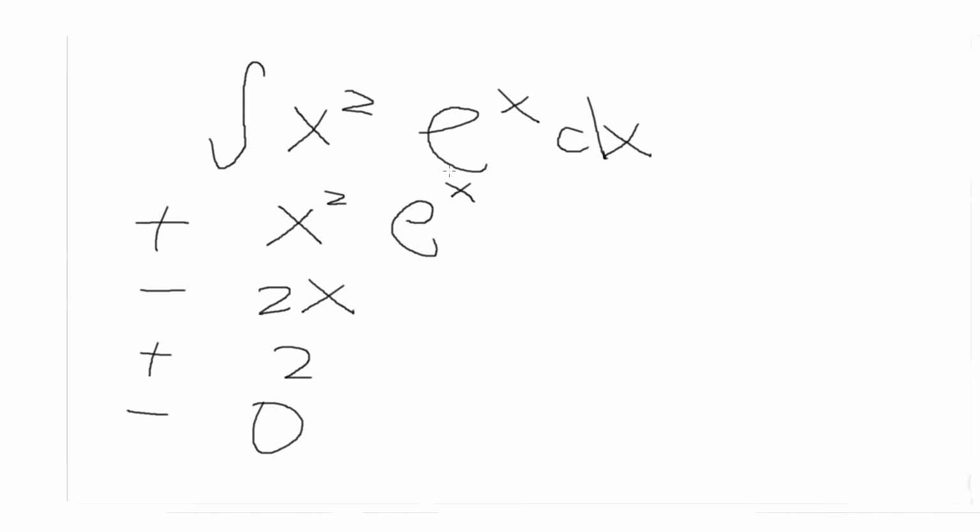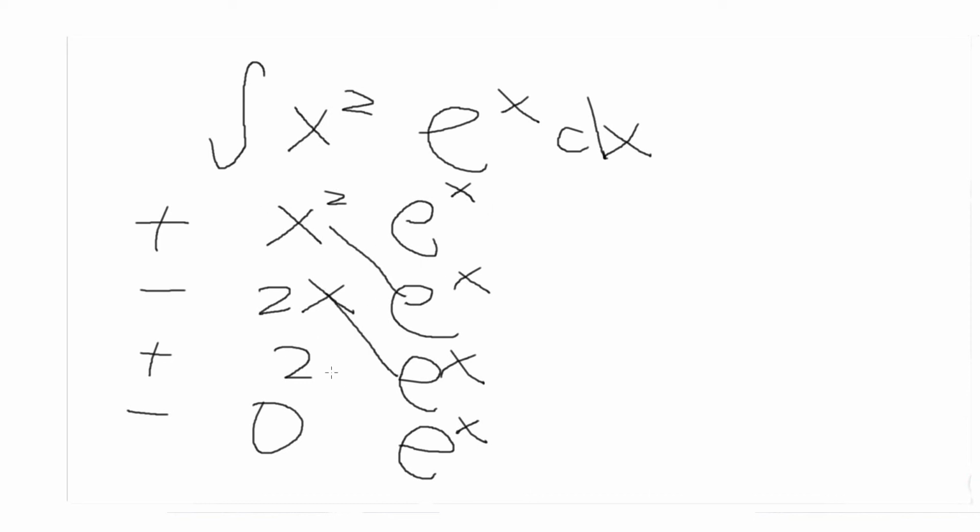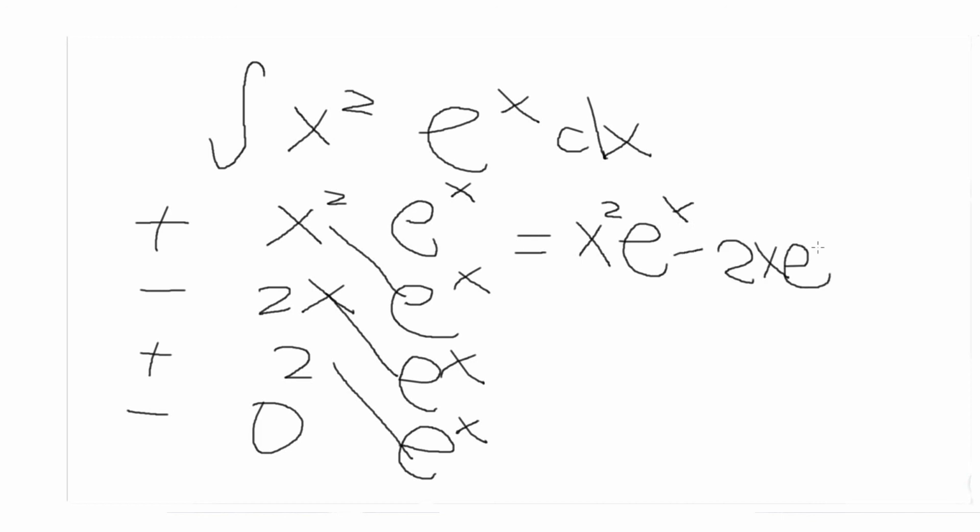And the integral of e to the x is always e to the x, so we get e to the x for every single term. And then we cross multiply, and our answer is x squared e to the x minus 2x e to the x plus 2 e to the x plus c. And in this case, we just solve the function because parts of the integral are polynomial.